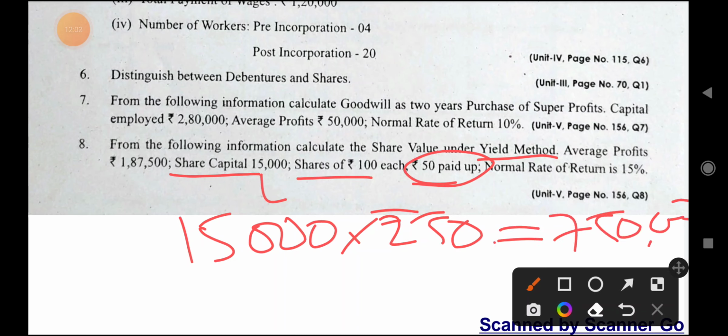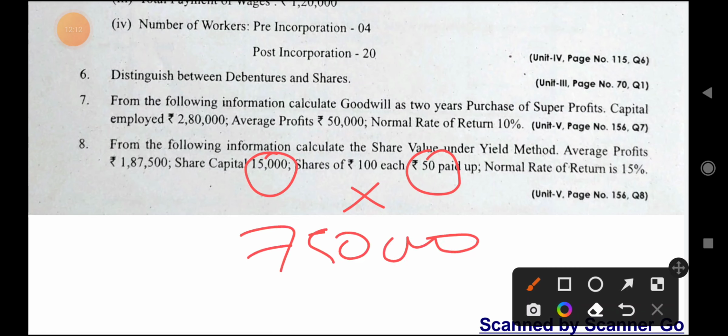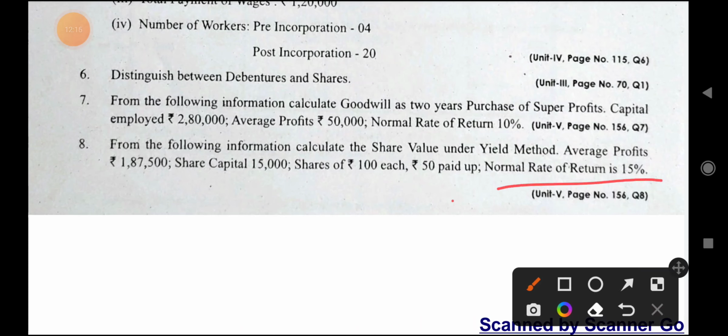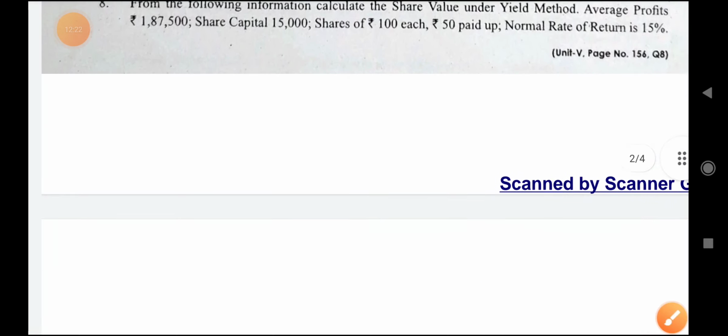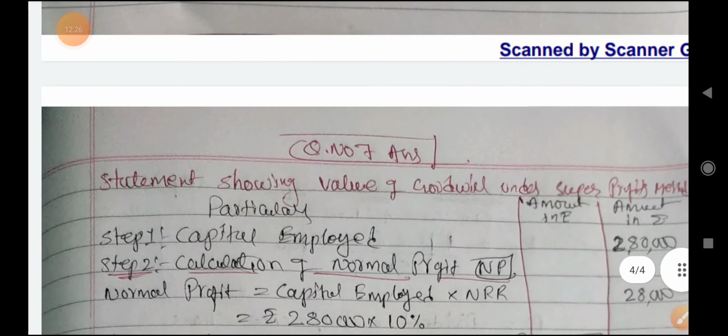This is used in step 2. 15,000 into paid up share capital 50 rupees, 7,50,000 total paid up share capital. Okay, normal rate of return NRR is given 15%. This will be used in the final step 3. So let us calculate without wasting further more time.